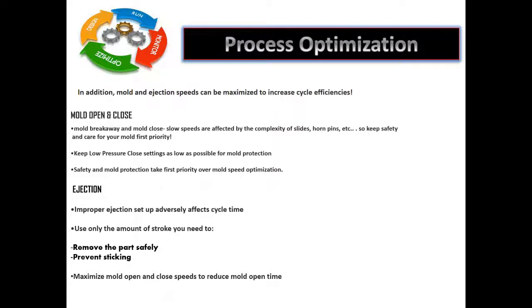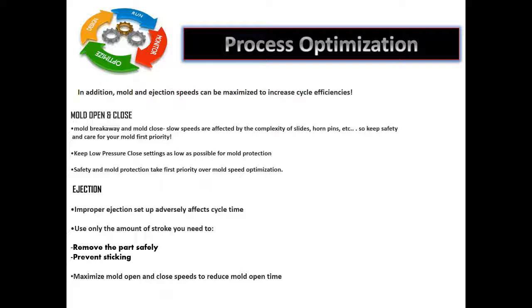You also can look at ejection. Improper ejection setup adversely affects cycle time. If you're adding strokes to your ejection because parts aren't falling properly, well, that of course adds to your cycle. Or if your ejectors are being maxed out as far as eject forward, that also affects cycle.